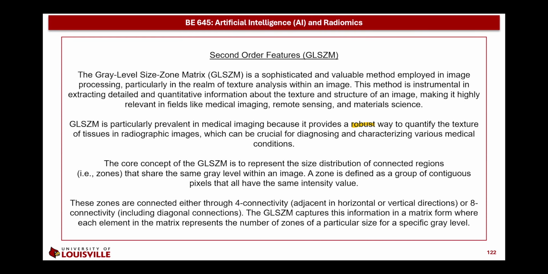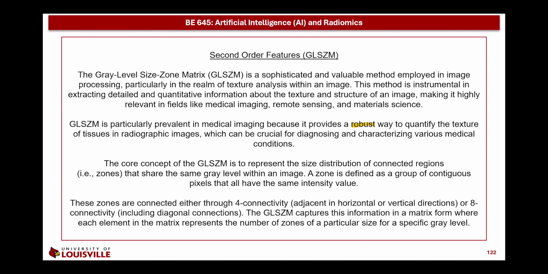The core concept of GLSZM is to represent the size distribution of connected regions or zones that share the same gray level or intensity within an image. A region or a zone is defined as a group of contiguous pixels that all have the same intensity value or gray level value.